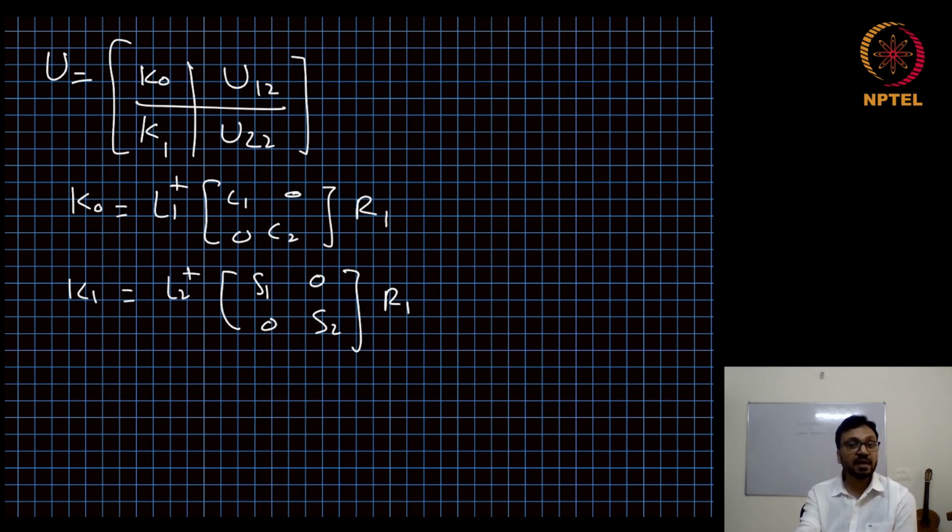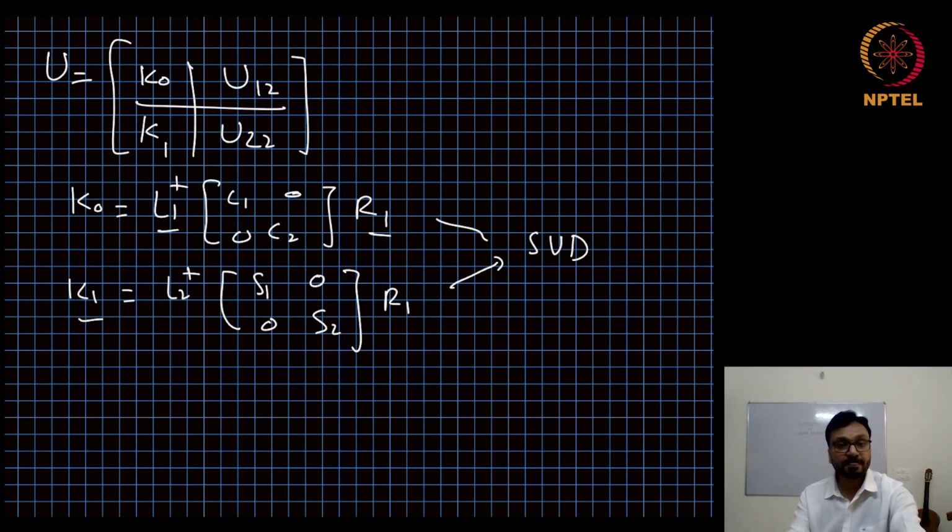L1 and R1 are unitary matrices, L2 and R1 are unitary matrices, and there is a diagonal matrix. So this automatically becomes the singular value decomposition of matrices K0 and K1. So for a given K0, K1, we can always find L1, R1, and C1, C2. Similarly, for K1, we can find L2, R1, and S1, S2.